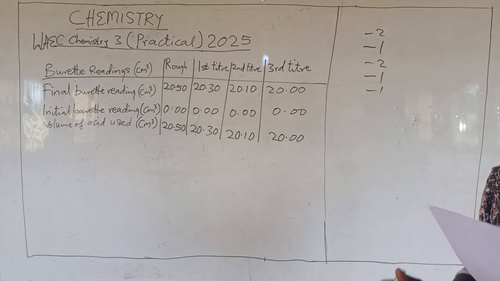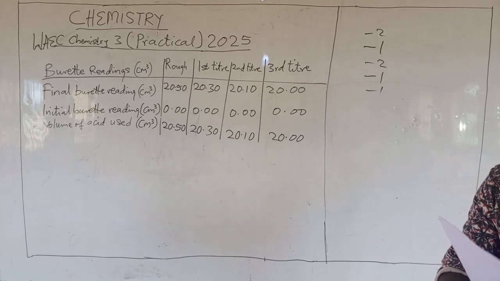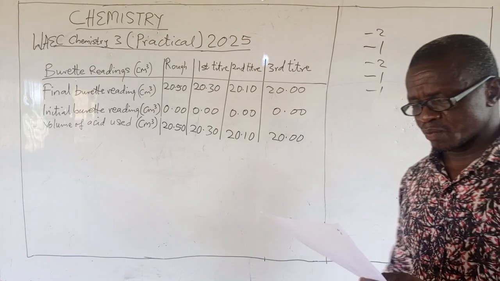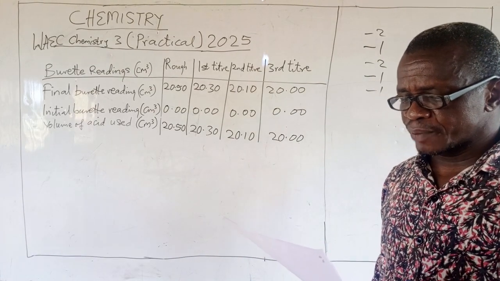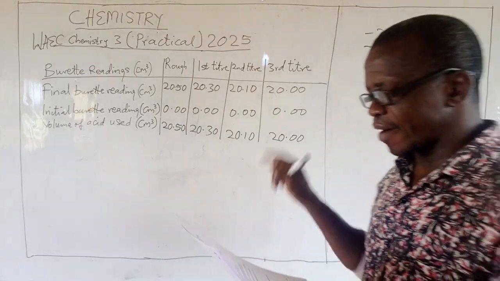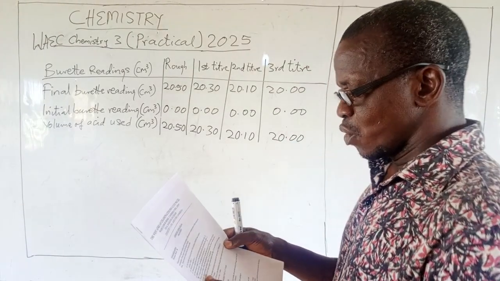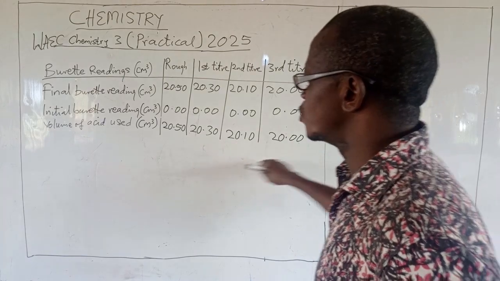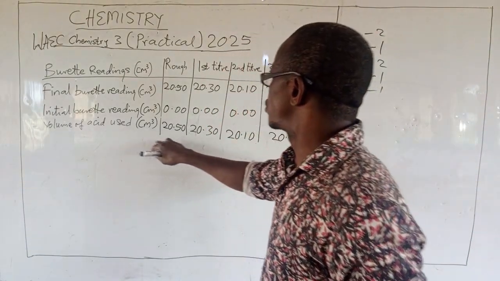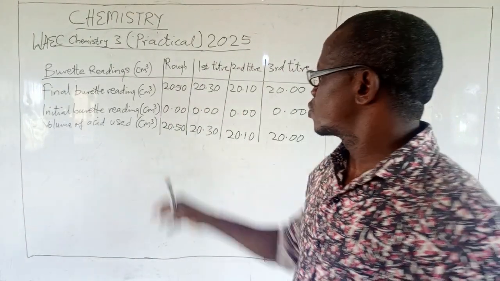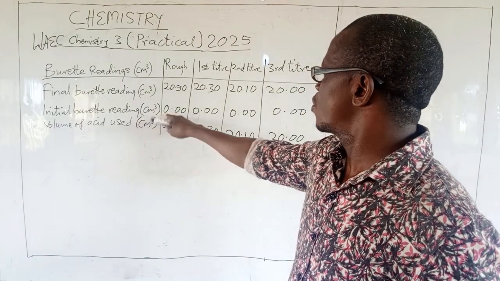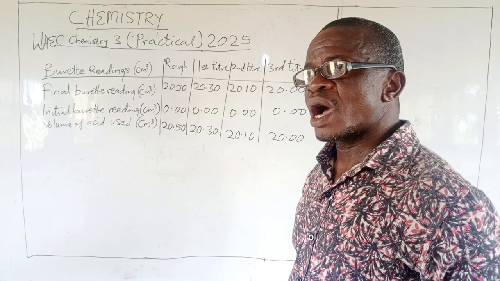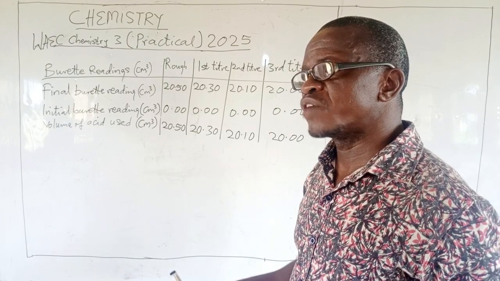Now, another mistake that students like to do is putting down the values without showing how they are arrived at. By the time you put down these values here, the volume of acid used, since you were just using your initial to be 0, you titrated, you discover that this is what you have as a final volume.